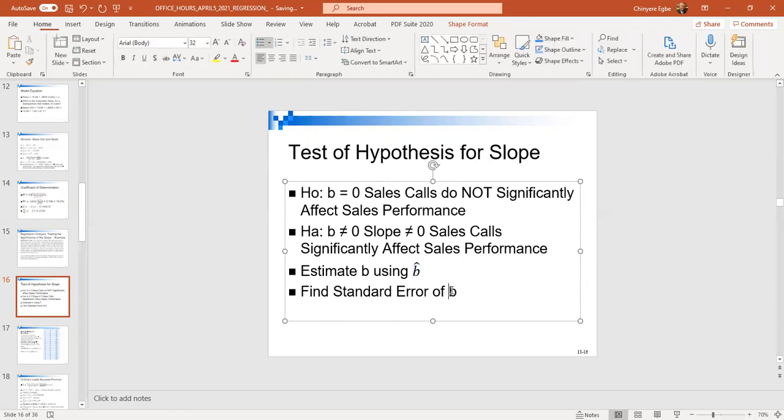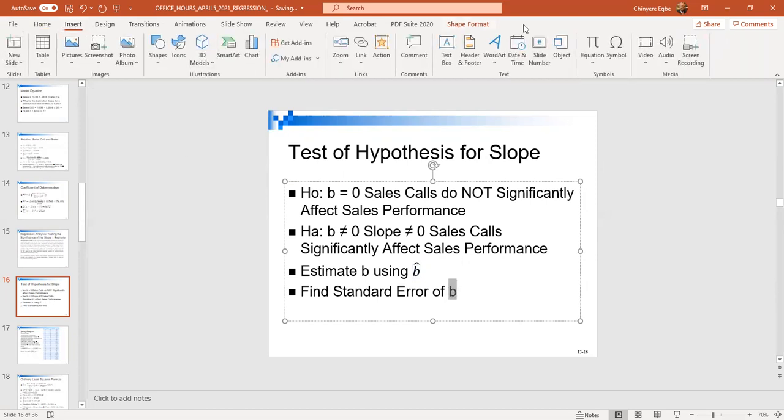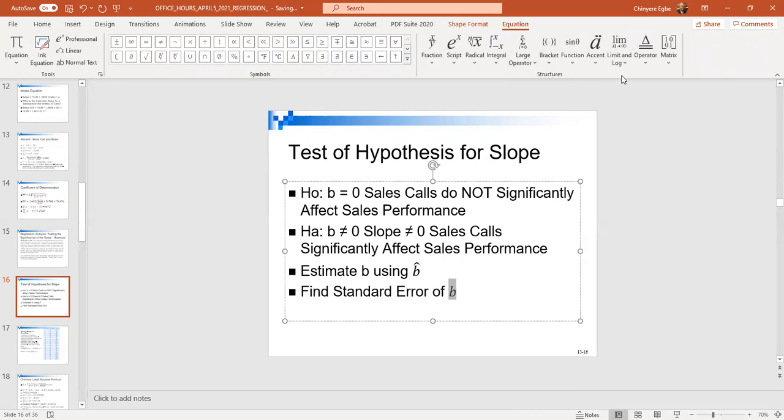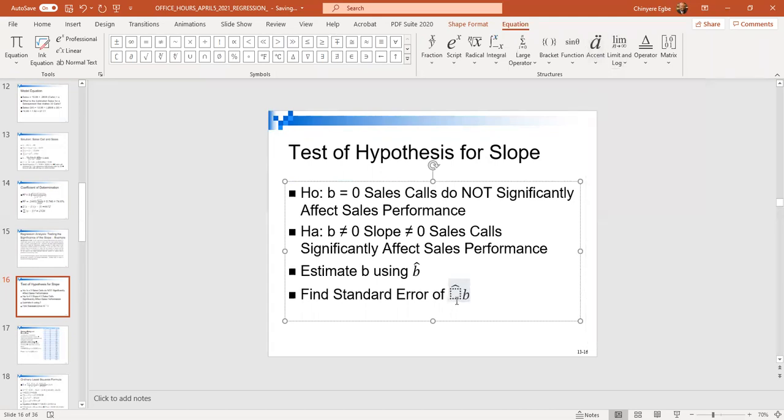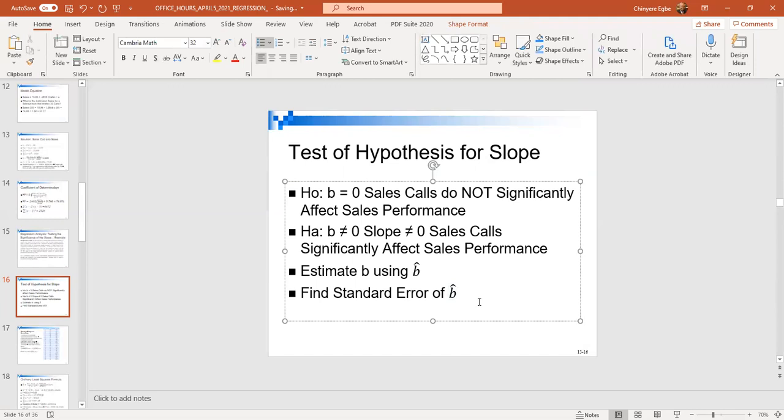And you find the standard error of B hat. All right, and so then you calculate Z, okay?